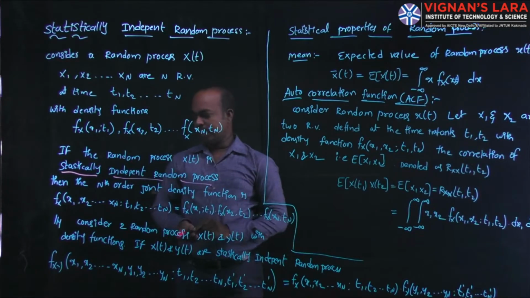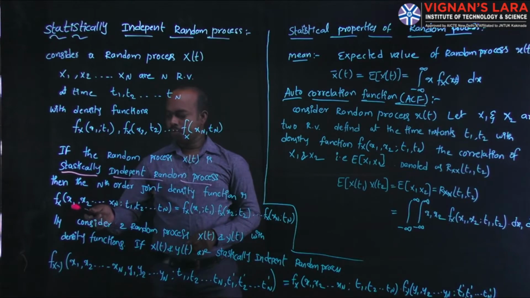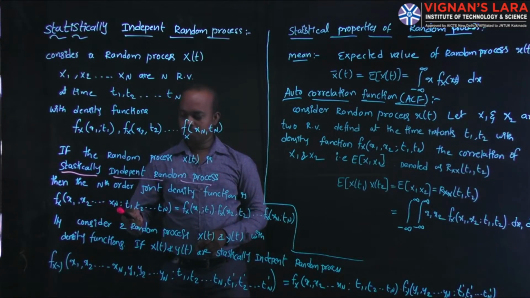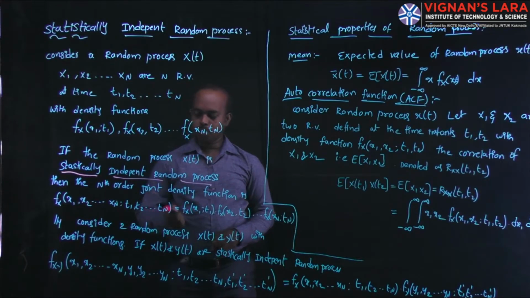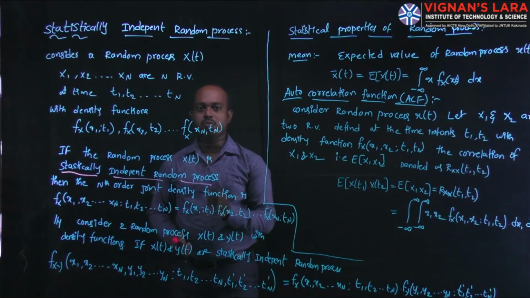Now we write its function as small fx of x1 comma x2 and so on up to xn at times t1, t2 up to tn. Here you represent the random variables with their times, but the condition is that these are statistically independent. Based on that condition, we write each and every term as an individual density function.